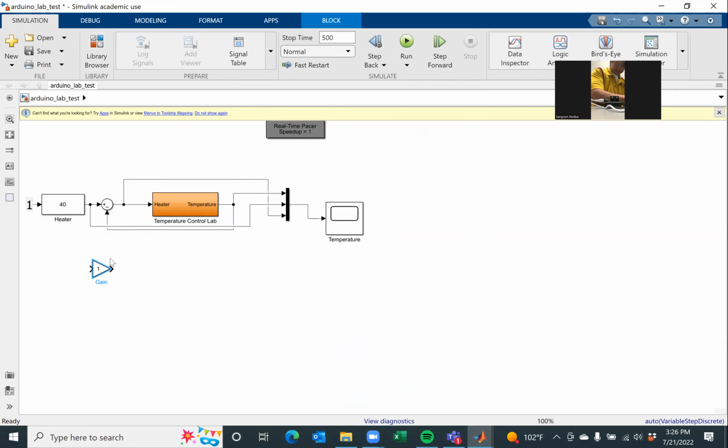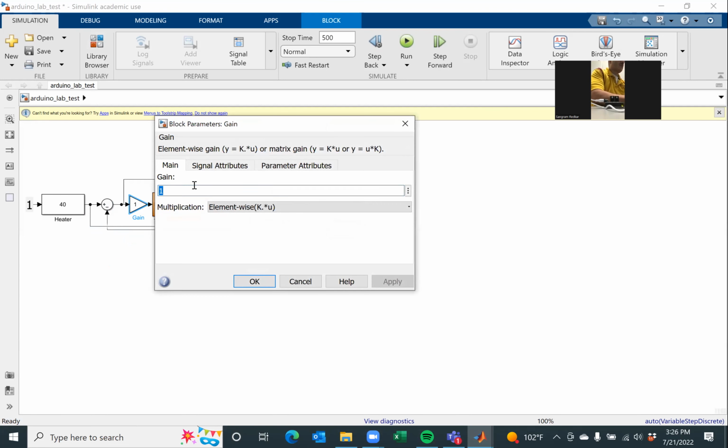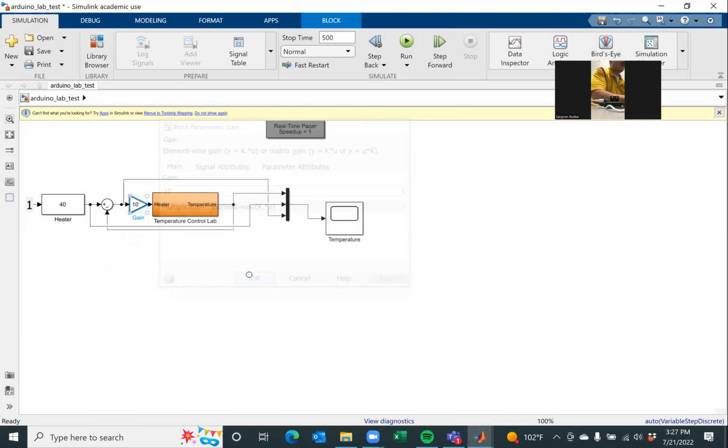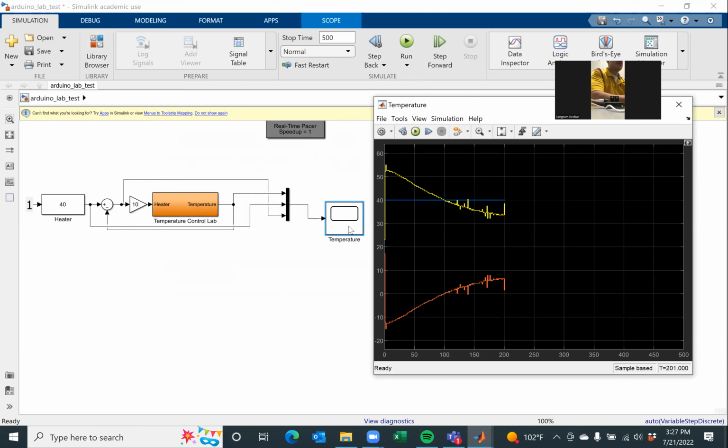Right now, my gain is unity. So what I'm going to do is I'm going to add this gain over here. And I'm going to make that gain, say 10. And now see what happens. I'll let this cool down a little bit. Then run.